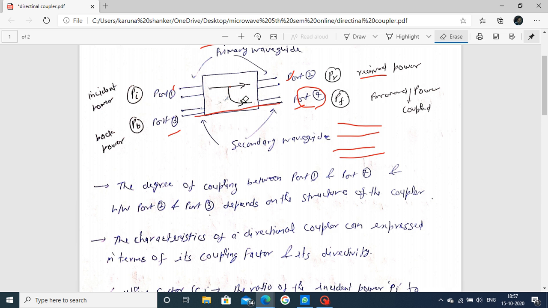Single hole means that when these are close to each other, a hole is created in the bottom of the primary waveguide and the top of the secondary waveguide. Whatever power you apply now moves towards the secondary waveguide. The power moves to the port 2 side, and it also moves to port number 3. This is your directional coupler as a single hole.